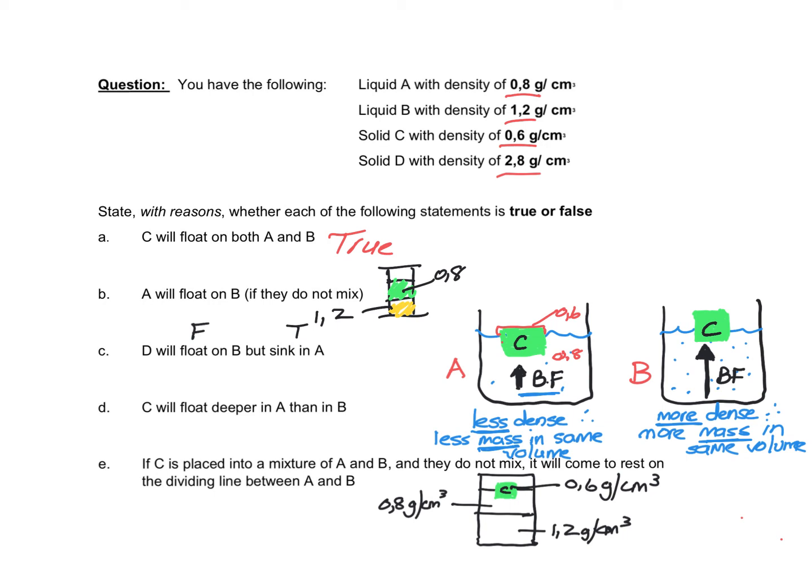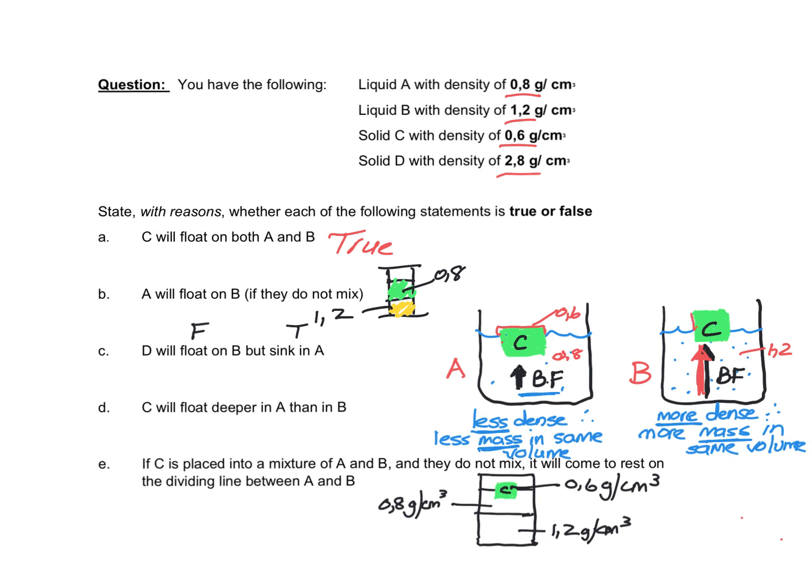Now, if you have a look in B, the density of liquid B is 1.2, right? So it's dense, greater mass. So it's got a greater upwards buoyant force because there's more mass. And therefore it pushes C more upwards in the liquid.